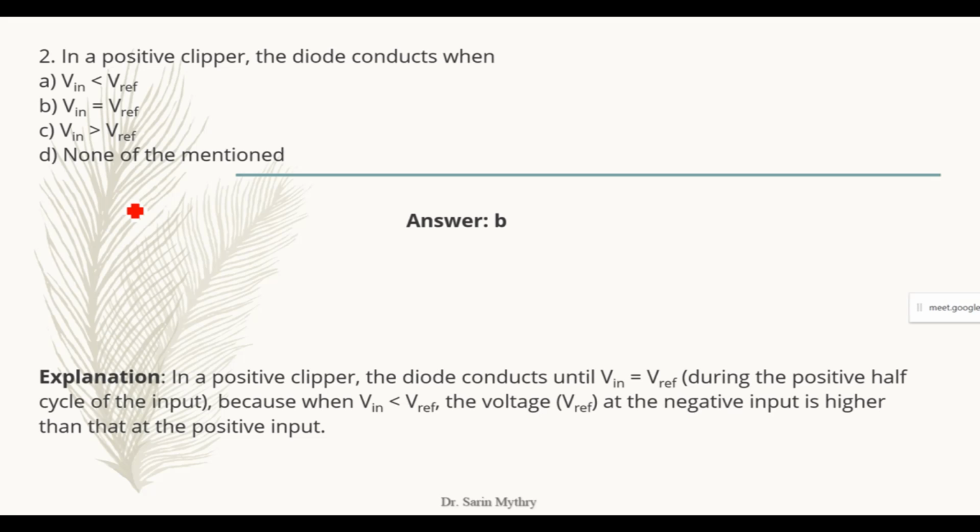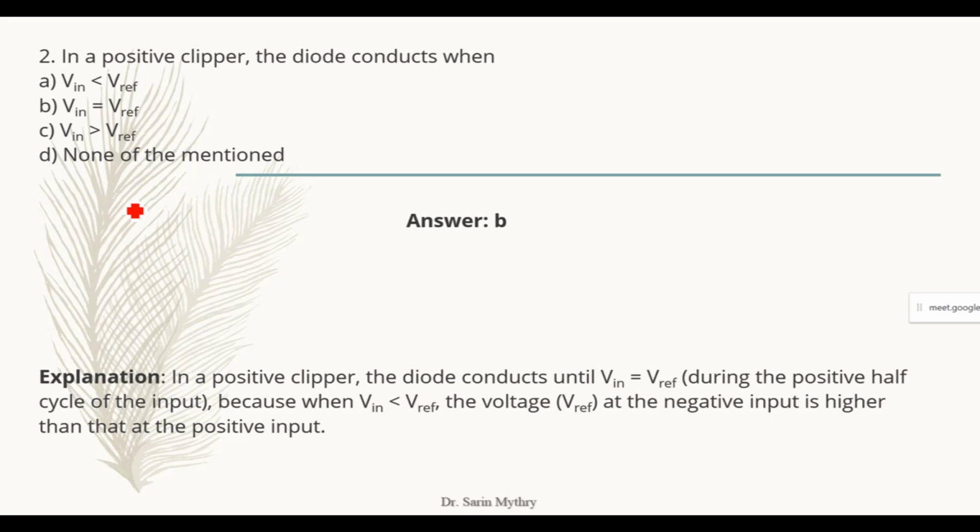In the positive clipper, the diode is going to conduct when? What is this diode actually? Conduction of a diode takes place whenever the diode has the minimum cut-in voltage. The circuit given to us is a positive clipper circuit.